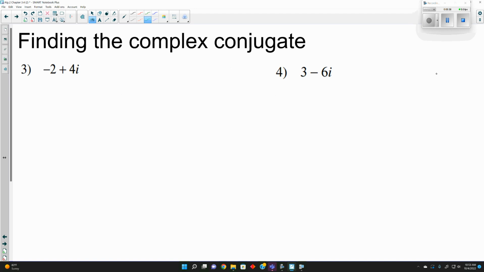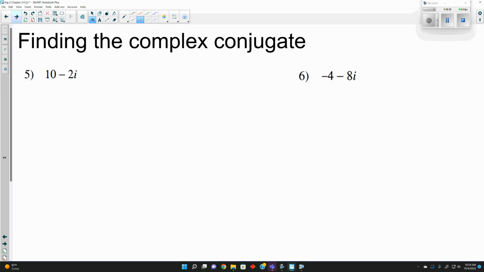So what would the complex conjugate of negative 2 plus 4i be? How about 3 minus 6i? We could multiply them together, but at this point I'm not too worried about that because I feel like y'all can multiply them together or at least plug them in the calculator.